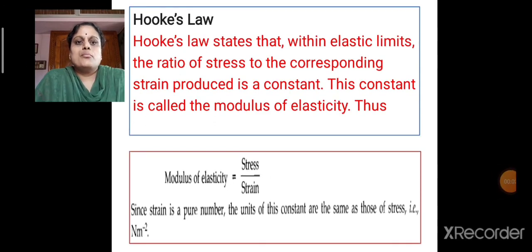Thus, modulus of elasticity is equivalent to stress by strain. Since strain is a pure number or a dimensionless quantity, the unit of modulus of elasticity is the same as that of stress. That is, its unit is newton per meter square.